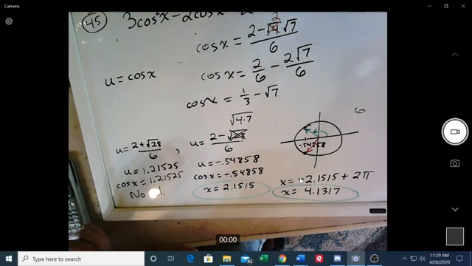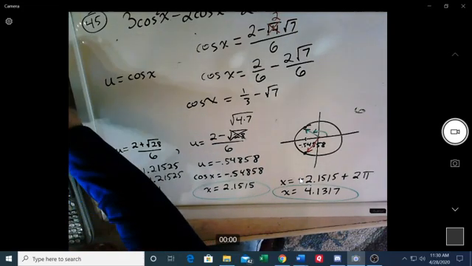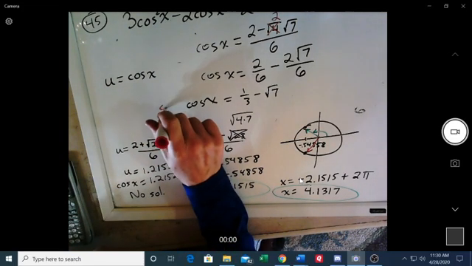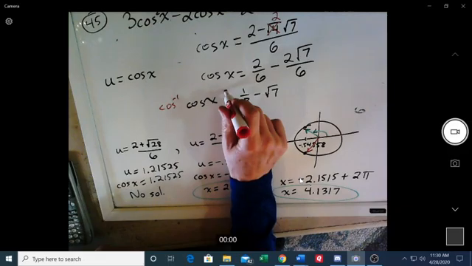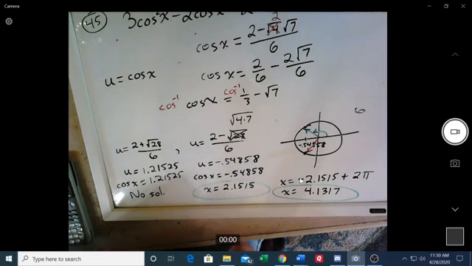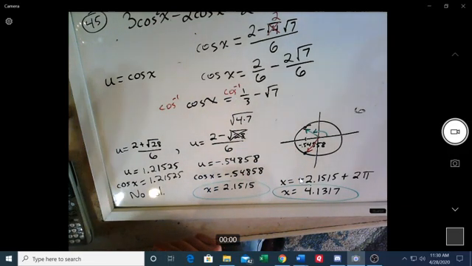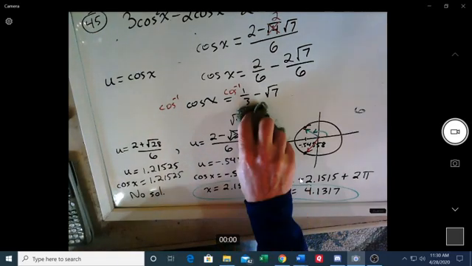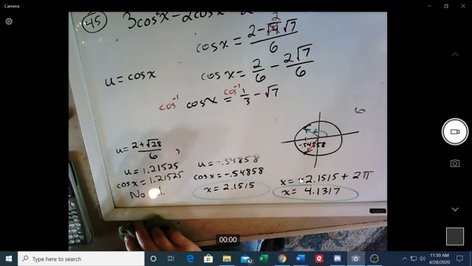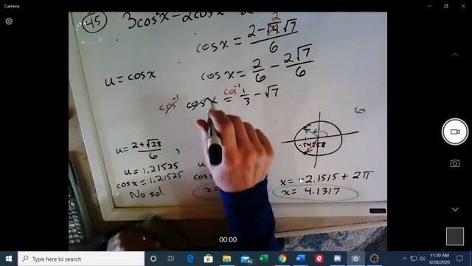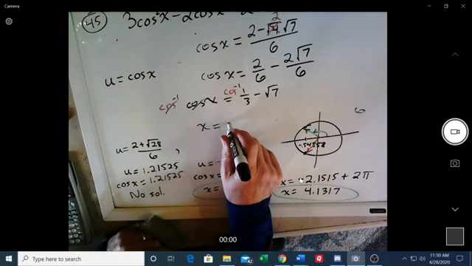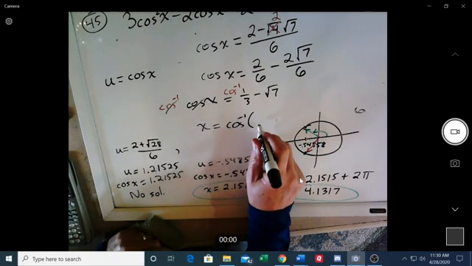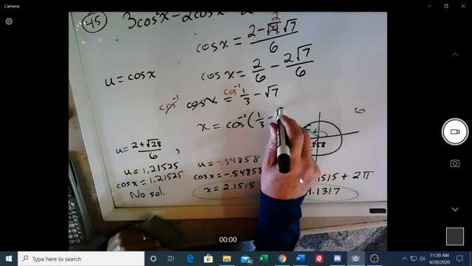And then if I take the inverse cosine of both sides, I would get x is equal to the inverse cosine of 1/3 minus square root of 7.